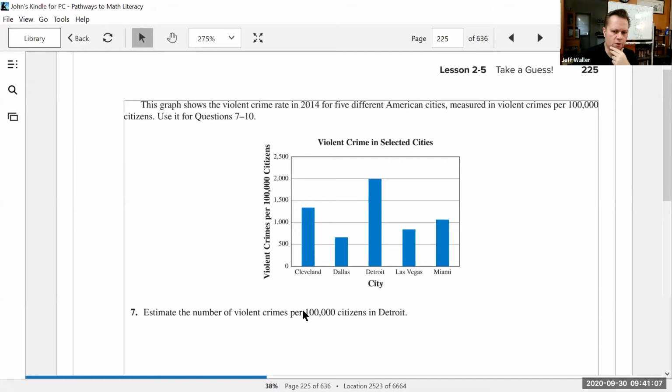So there's no work to be done with this because that's what this tells you. Oh, okay. So like Dallas, I would estimate had maybe a little less than 600 violent crimes per 100,000 citizens. So that's not a mathematical thing. That's just what this chart tells me.